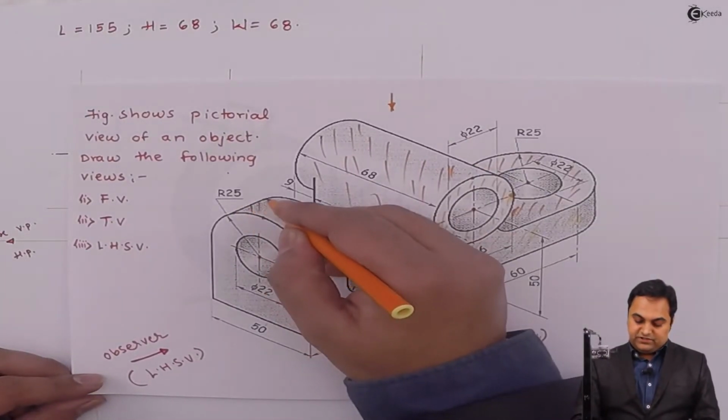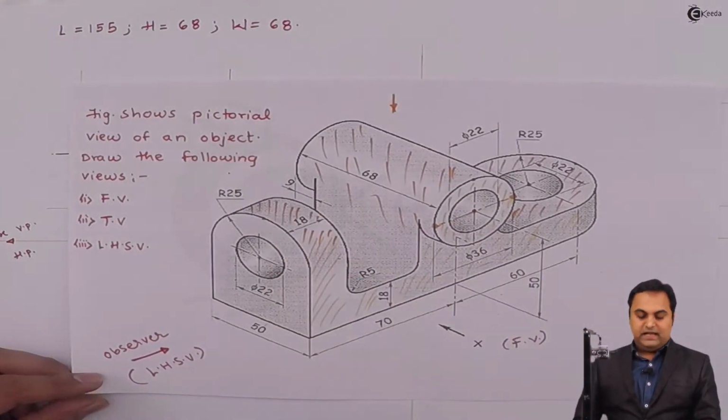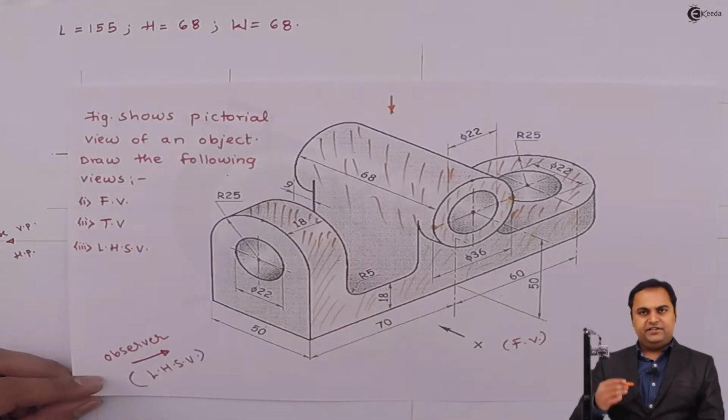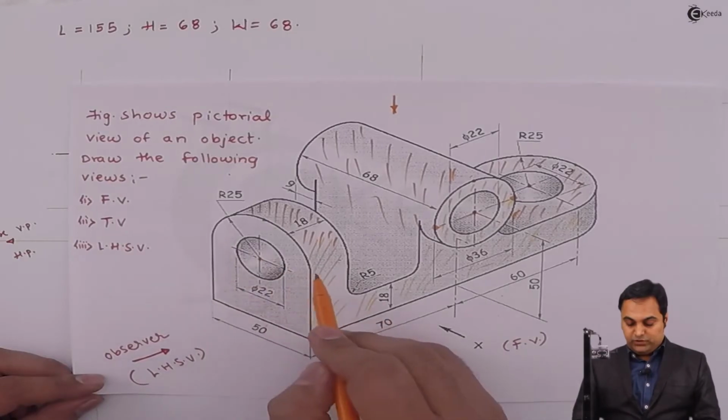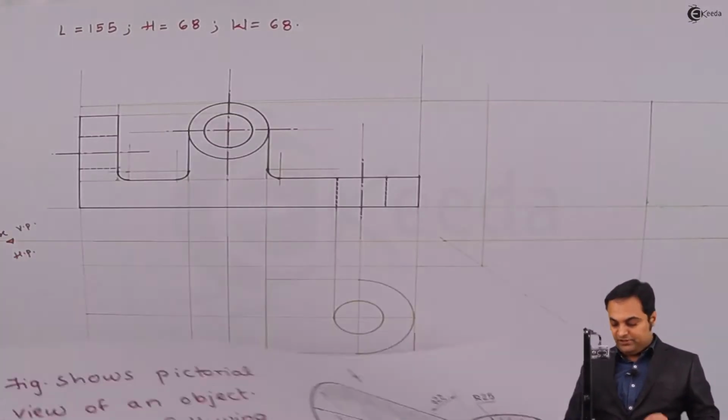When looking from top, even this surface is visible, and this surface is having a length of 18, which I can get it from the front view. Its width is equal to 50 mm, that is corresponding to the diameter.